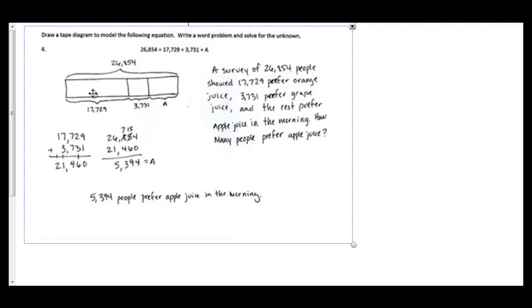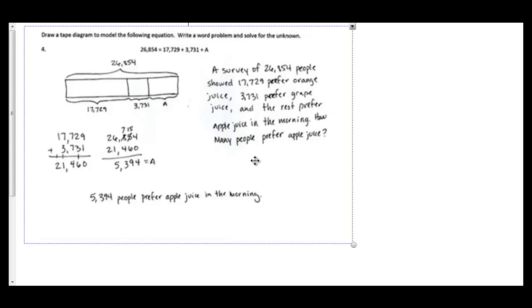So I'm going to show you an example of what your tape diagram might look like. So I have the total here as 26,854. Here's part of it, 17,729. Here's another part, 3,771, and I'm trying to find the value of a. So I've completely created a random problem.